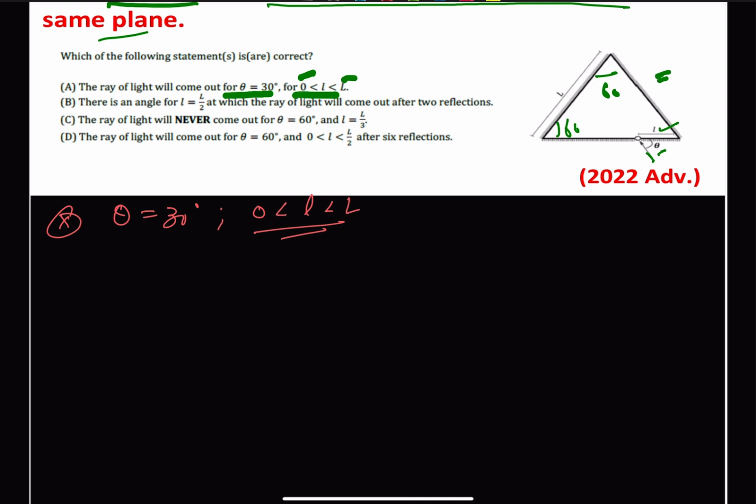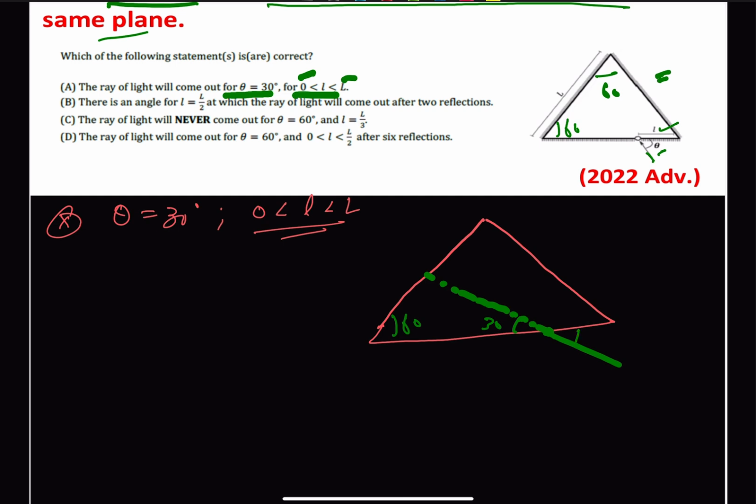And for that we can just draw the figure, and we have a hole here, and the angle is given as 30 degree, and if this is our 60, so we have this angle will be 30.